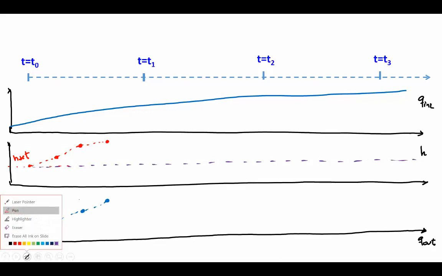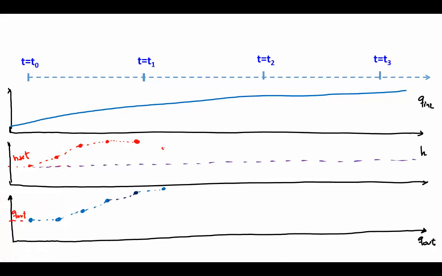Then maybe this one still increases. Notice the controller still notices this increase in height, so maybe it increases the Q out slightly more, and then the H starts to maybe go down or remain stable. I'm running out of space here, but if you keep increasing it even more, then the H starts to go down, because now what is coming out is more than what's coming in.